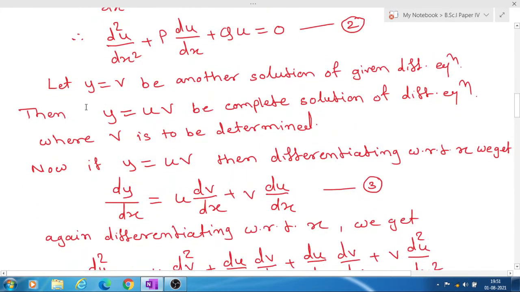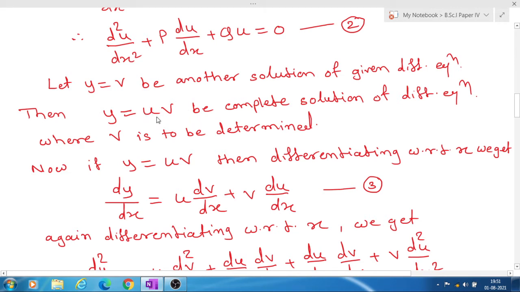Now let y is equal to v be another solution of the given differential equation. Then y is equal to u into v is the complete solution of the differential equation, where v is to be determined. So y is equal to u into v is a complete solution.